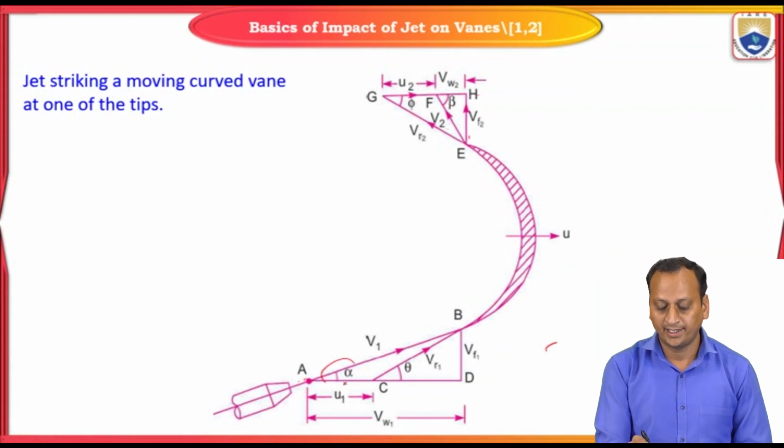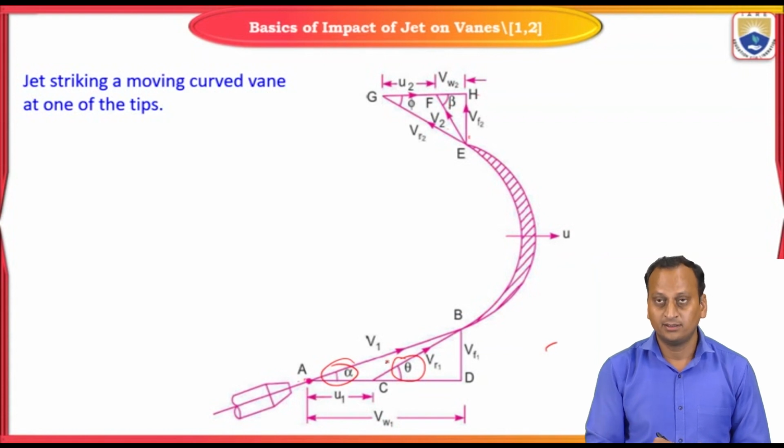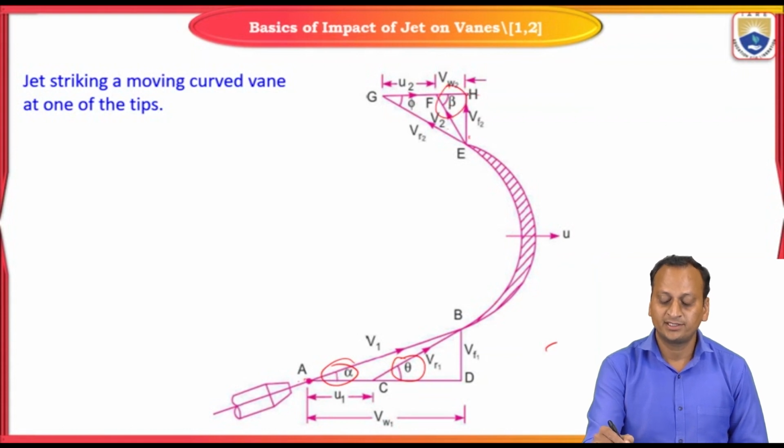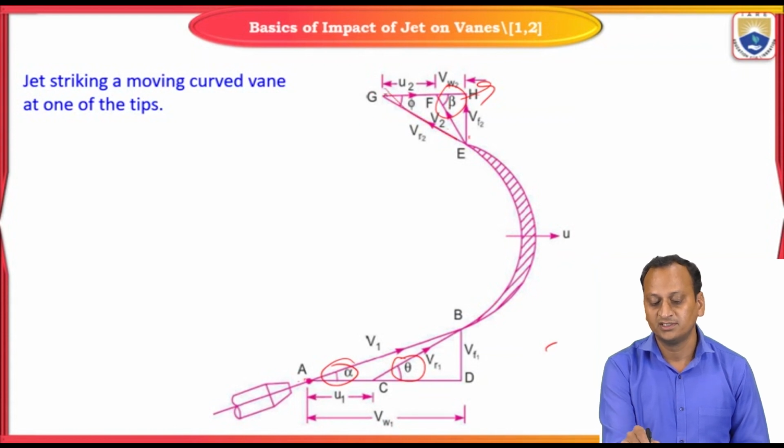Now, alpha and theta at the inlet velocity triangle give the inlet jet angle and inlet blade angle. Similarly, at the outlet, beta indicates the outlet jet angle, otherwise the angle between V2 and VW2. Similarly, phi is the outlet blade angle between U2 and VR2.